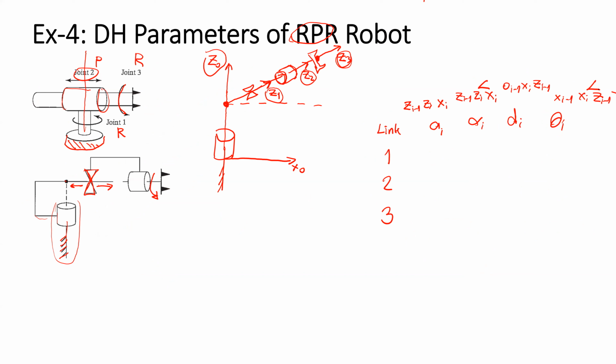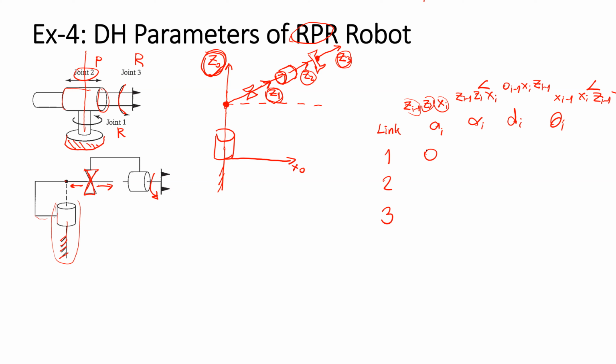So for the first link, we need to find the distance between Z0 and Z1 along X1. Z0 points upward. Z1 is the prismatic axis and it intersects, so the length will be 0.